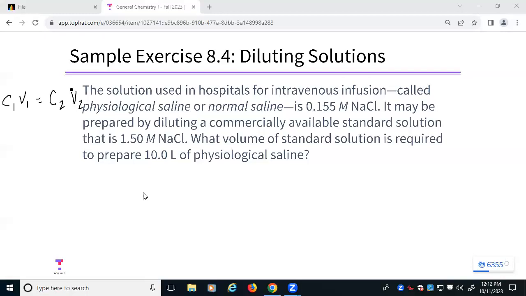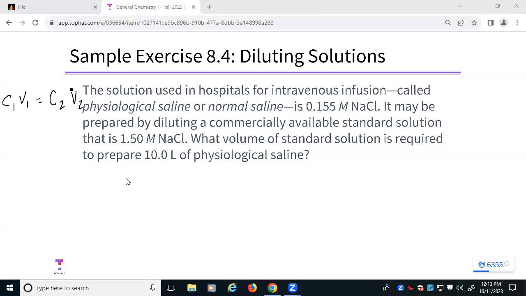Now, let's say that in this particular scenario, I need a certain amount of normal saline, but I don't have any on the shelf. Instead, I have a 1.5 molar saline solution that came to me from the manufacturer.